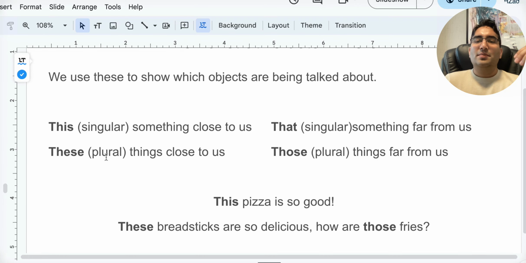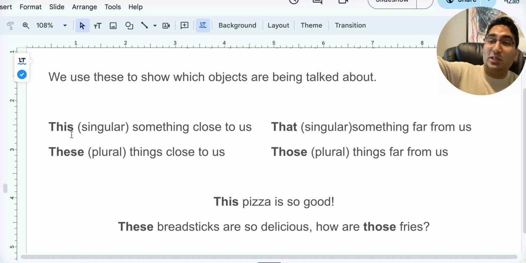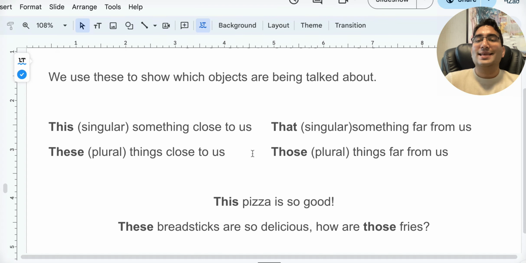Now let's talk about some more variations of the: this, these, that, those. This is for something that is close to me. This is my cell phone. But if it's all the way there at the end, I'm going to say that is my cell phone because I can see it very far from me. That's just the distance. Now when we talk about these and those, it's the same thing.